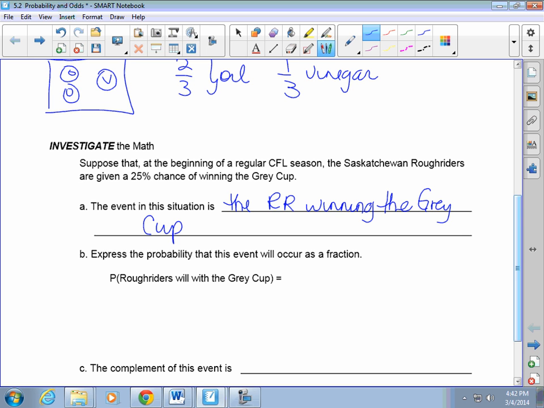Part B says, express the probability that this event will occur as a fraction. You're given a 25% chance, so that's 25 out of 100. In order for it to be a probability, it has to be between 0 and 1, so reduced it would be 1 out of 4.